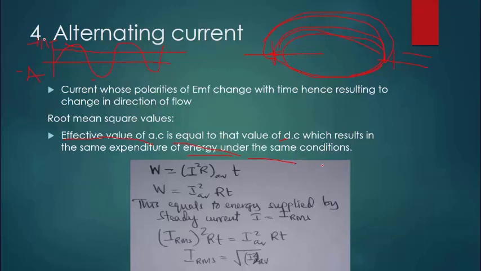So effective value ya AC, katika AC yote sio kila value ya energy ya AC inatumika, lakini kuna ile effective value ambayo effective value ni sawasawa na value fulani ya direct current, ambapo hiyo direct current ikiwa katika same conditions na hiyo value ya AC, same expenditure of energy inakuwa observed.